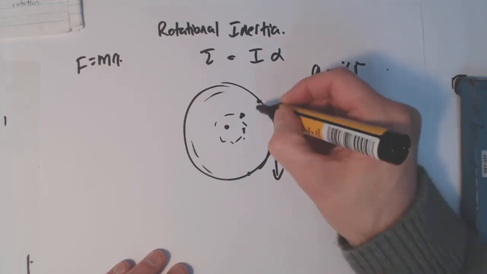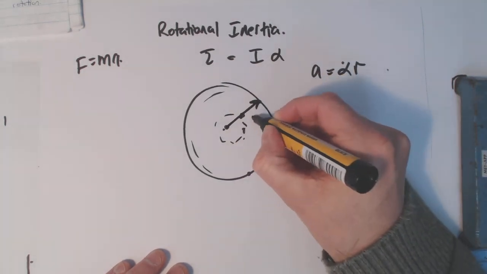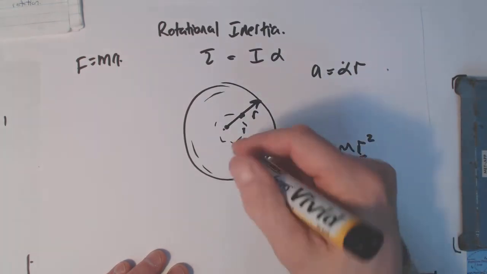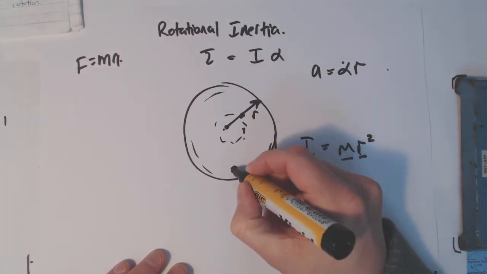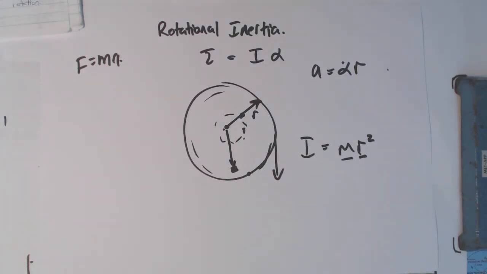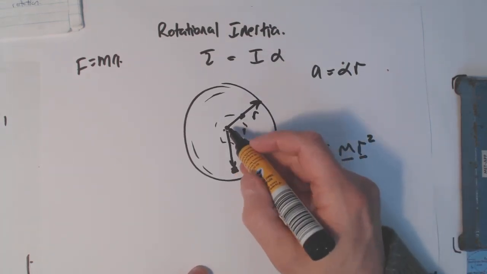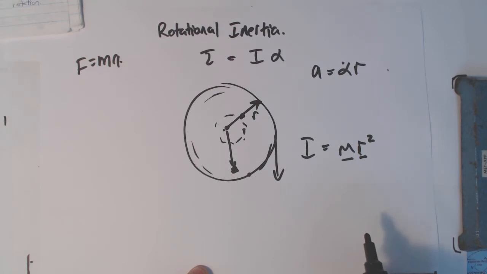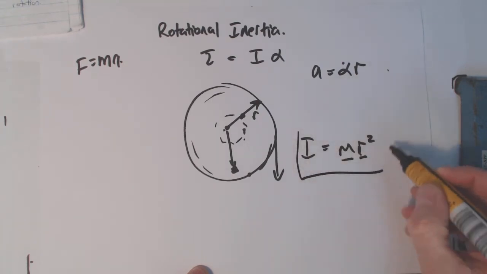Now this is for a point at a certain radius. So if you had a disk, you've got to take your mass at a constant radius, which is impossible really. So every bit of mass at a distance from a center of rotation, this is the rotational inertia.